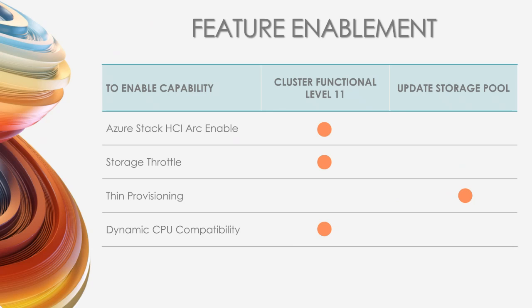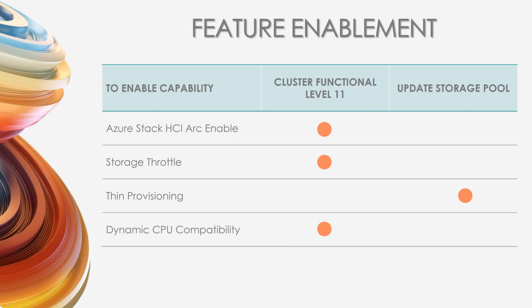So imagine I've now upgraded from 20H2 to 21H2, or from 2019 or 2016 to 21H2, and I want to enable thin provisioning. Well, I have to go into Windows Admin Center or through PowerShell and update the storage pool to the next revision, and then that will light up thin provisioning.